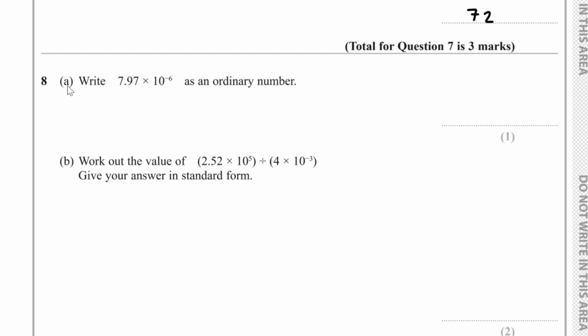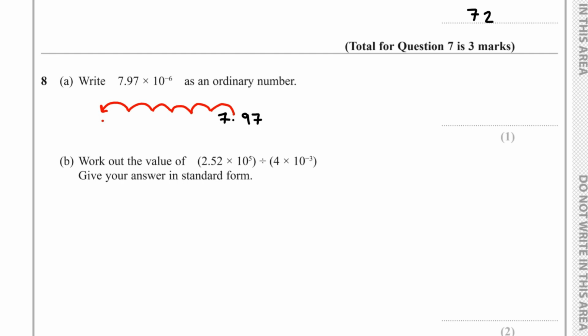Question 8. For part A, we have to write 7.97 times 10 to the minus 6 as an ordinary number. Well, we've got the 7.97 and we need to move this decimal place 1, 2, 3, 4, 5, 6 units to the right.